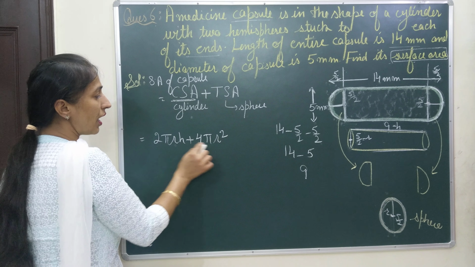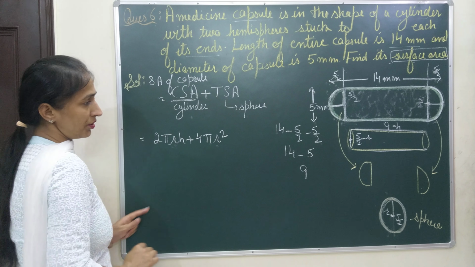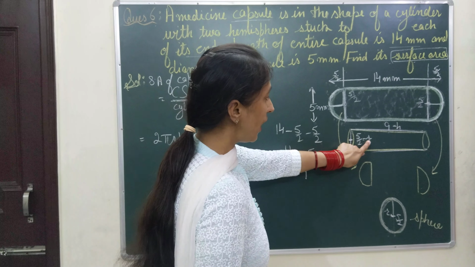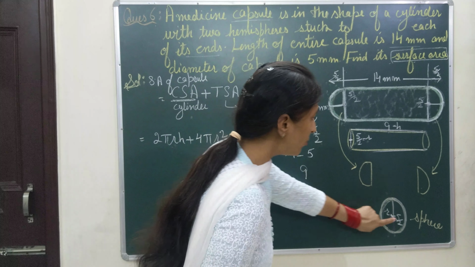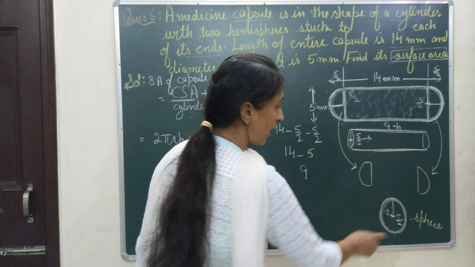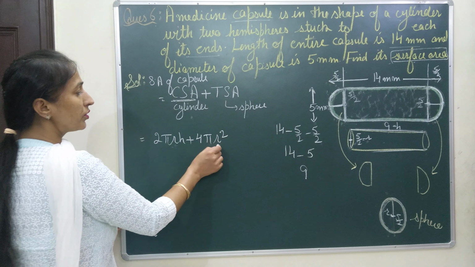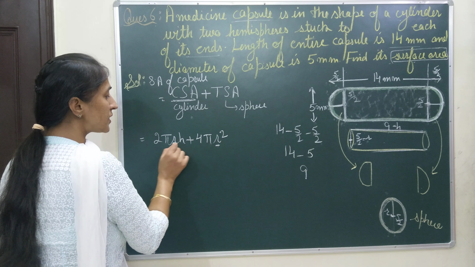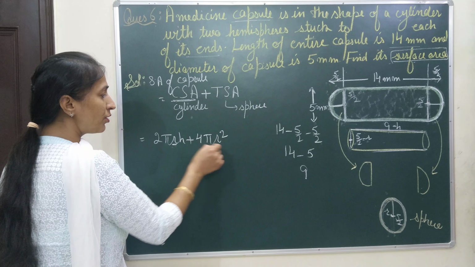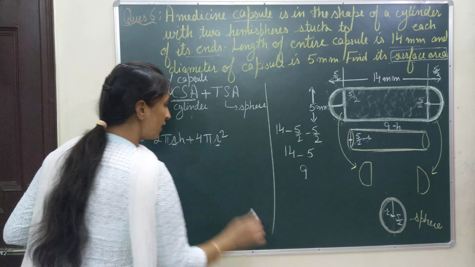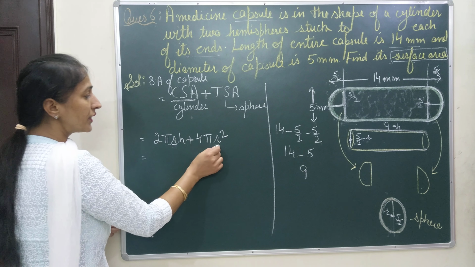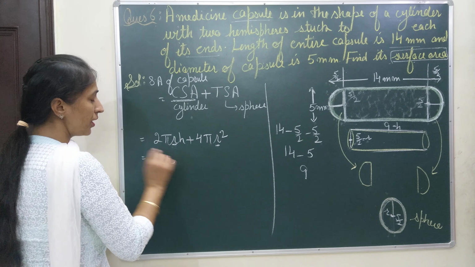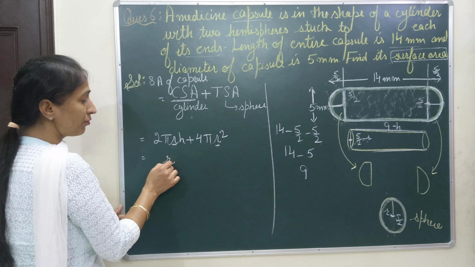Now let us see whether r in both cases is the same. Here r for the cylinder is 5 by 2, and r for the sphere is also 5 by 2. So r in both cases represents the same value. I can take r out to make the calculation easy.